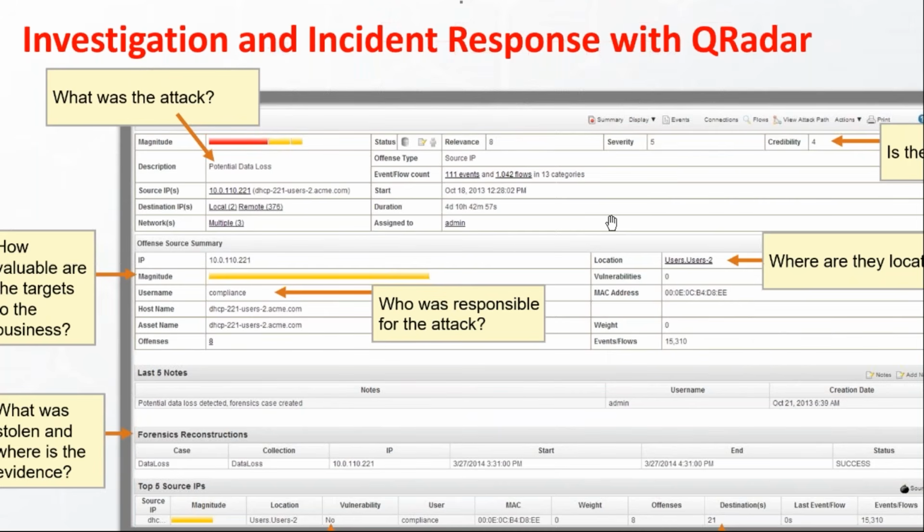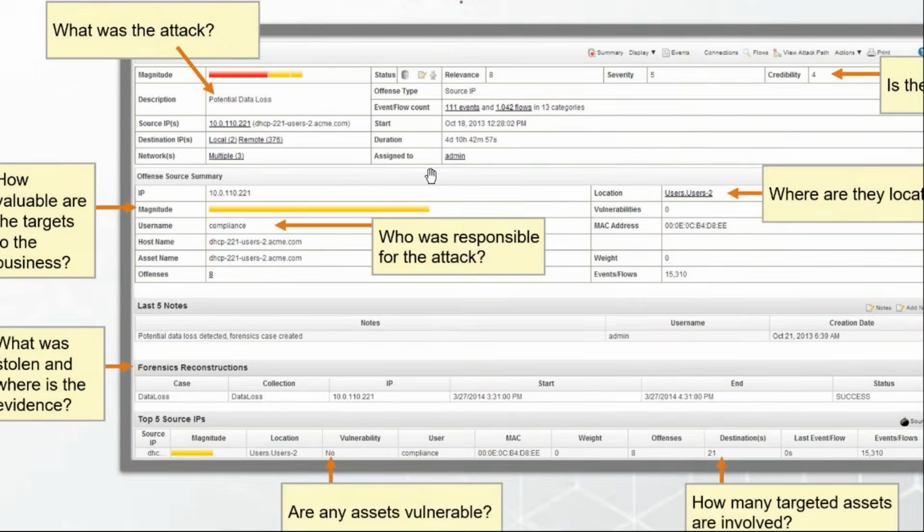QRadar can track any sort of significant incidents and threats and can build a history for us of supporting relevant information, so that when we are investigating, all that relevant information helps a lot to make informed decisions.